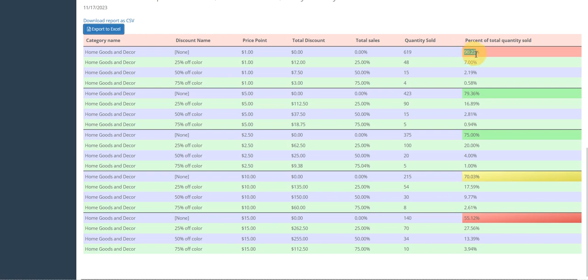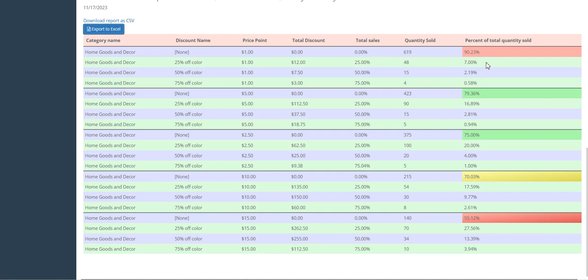So this first percentage tells us that 90.23% of $1 home goods and decor items sold at full price, whereas 7% of sales of $1 items within the home goods and decor category were discounted 25%.